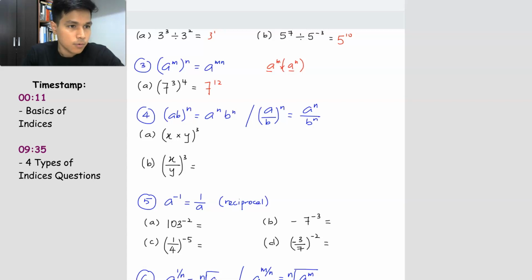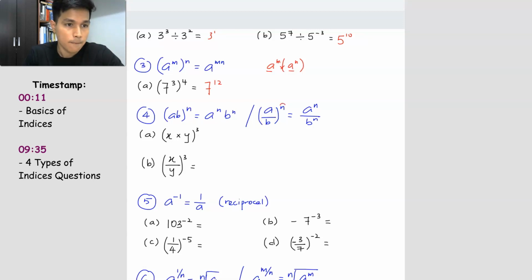Next, when you see a bracket with many values in there, and the power is outside, you have to power all of the numbers or all of the variables individually. The keyword is individually. So you get a power n, b power n. The same thing applies to division.